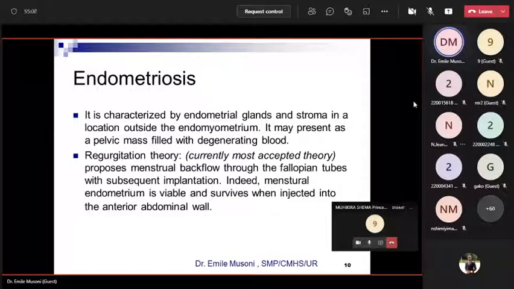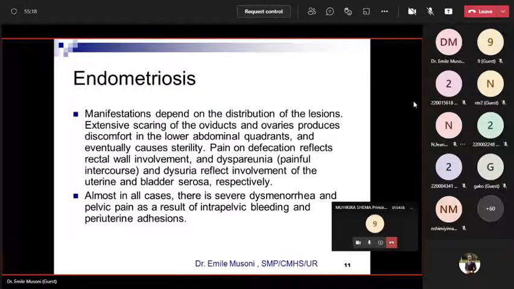It can be found in the ovary, and we have also seen some cases of endometriosis in the intestine. Manifestation depends on the distribution of the lesion. It can be in the ovary. This one can produce discomfort in the lower abdomen, abdominal quadrant, and eventually can cause sterility.